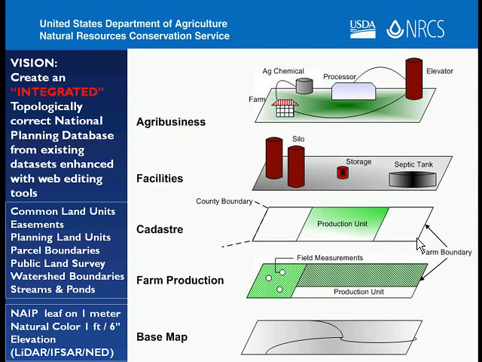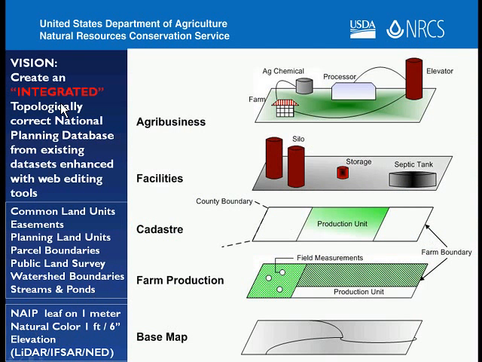The thing we're going to focus in on today is basically the base map. And our base map is made up of the National Agricultural Imagery Program and also high-resolution elevation data, and in particular today, we're going to talk about LiDAR.